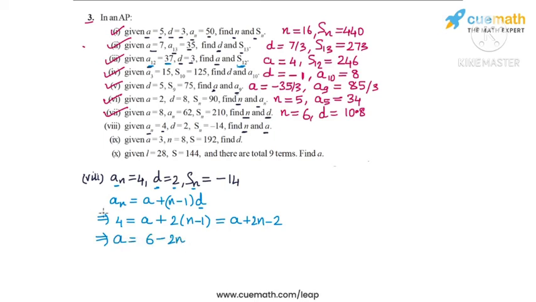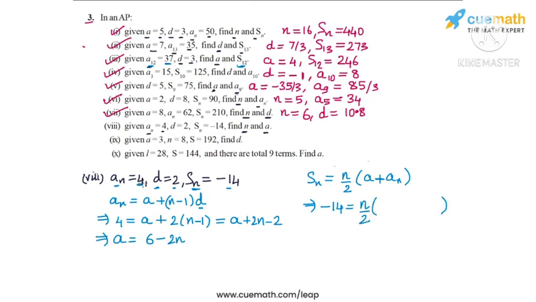Okay, now let's make use of the fact that Sn is equal to minus 14. So the relation for Sn is n by 2 times a plus the last term or the nth term, so a plus an. And let's plug in the values. So minus 14 is equal to n by 2 times a plus an.